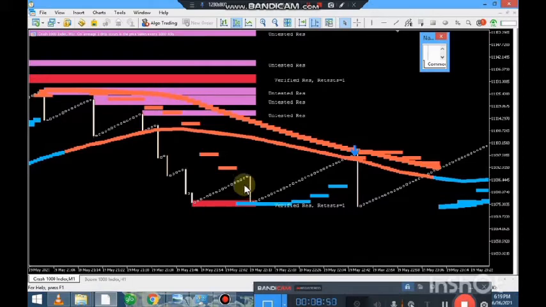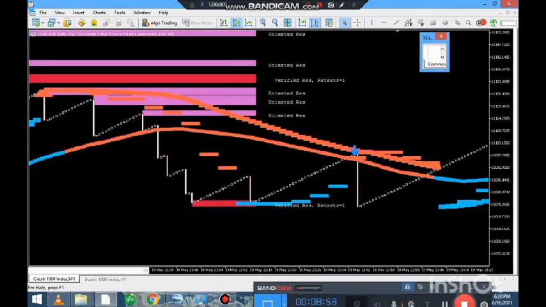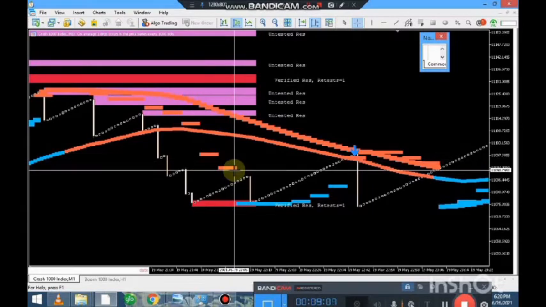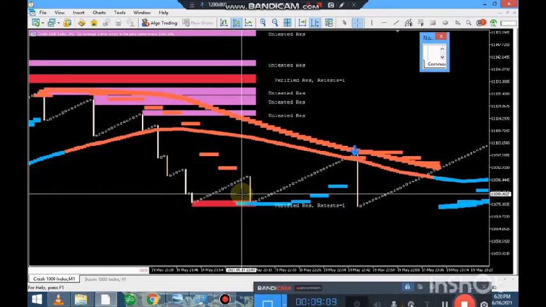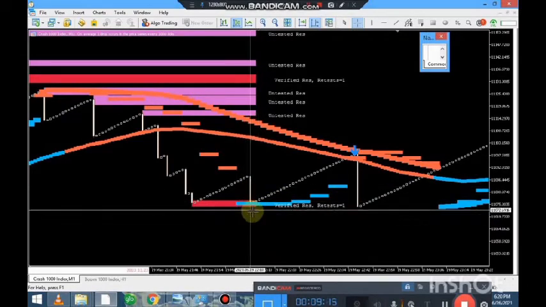So in most cases, whenever the mini trend crosses below, as you can see, right from here it crosses below, and you have a bullish signal as well.